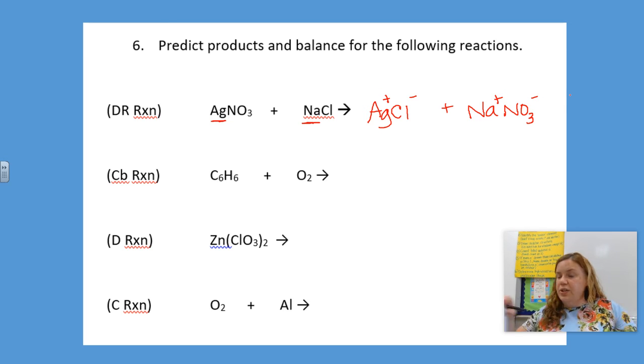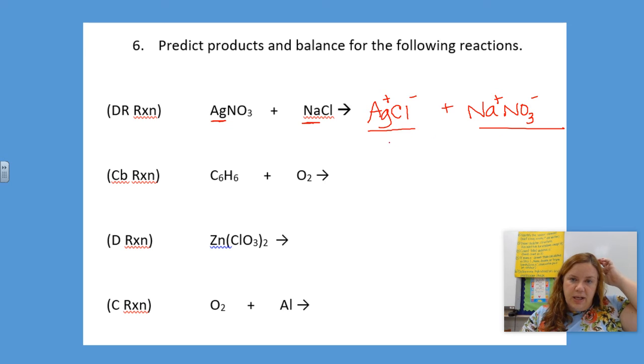So for double replacement, you're going to use your solubility chart for your product. So you're going to look up silver chloride and sodium nitrate. You're going to find that silver chloride's insoluble and sodium nitrate's soluble. So therefore, this reaction will in fact run. And it's actually already balanced, so we don't even need to balance it any further.